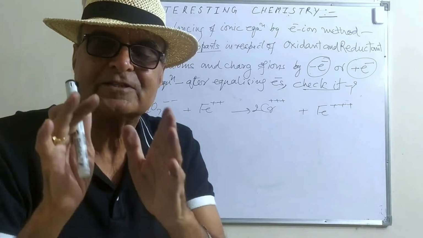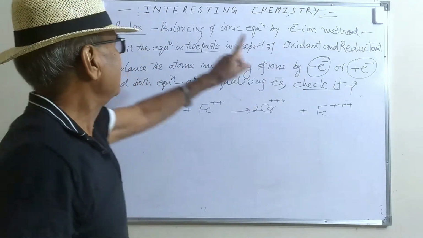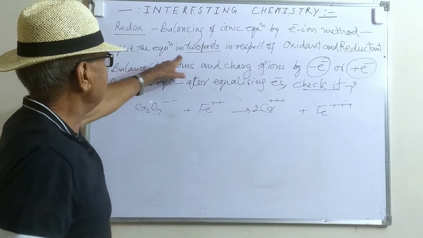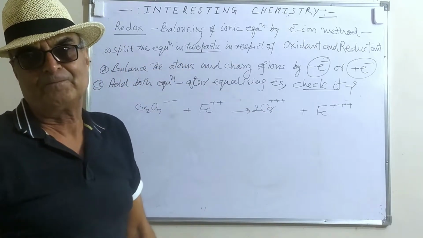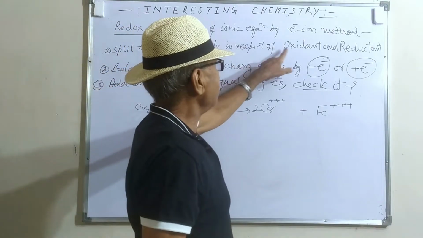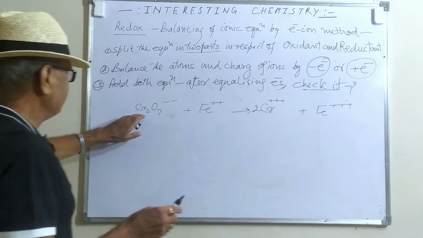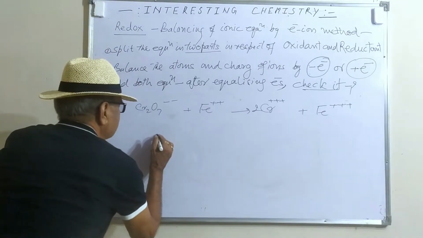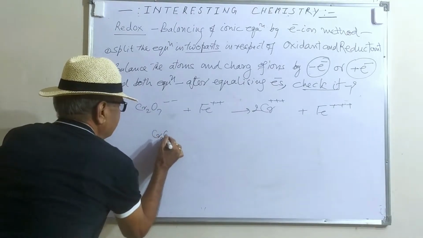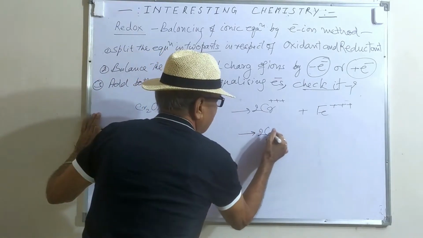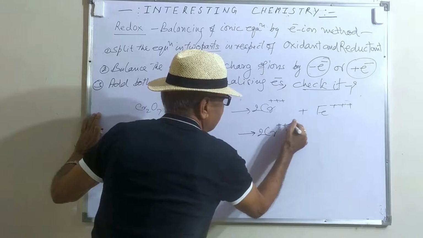So always remember, as I have told you in the previous equation, split the equation into two parts with respect to the oxidant and reductant. It is the oxidant, so here Cr2O7 double negative and here 2Cr triple positive.